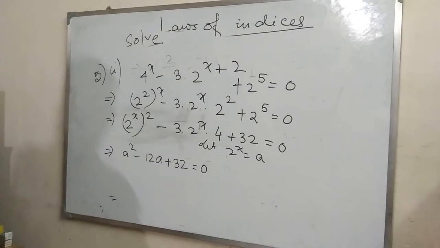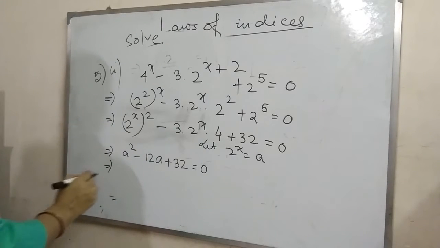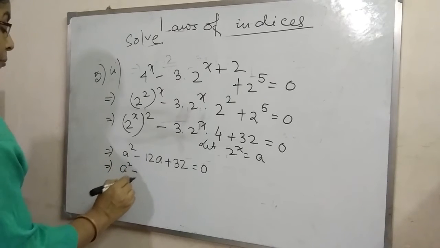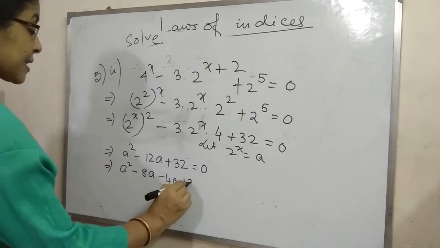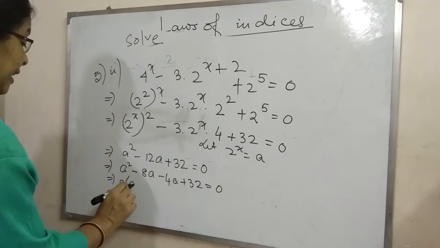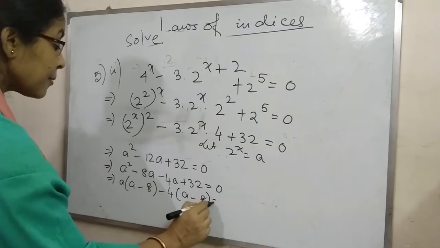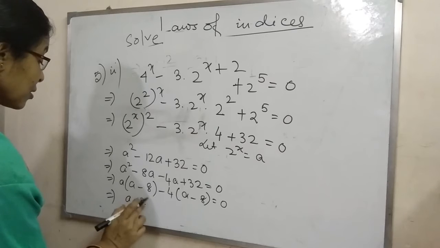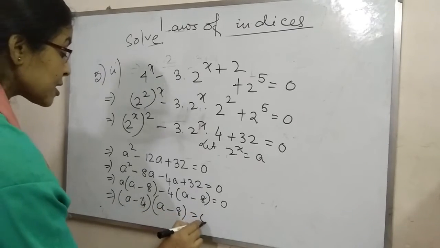This is a quadratic equation, and by middle term factorization I can solve it. a square minus 8a minus 4a plus 32, this is equal to 0. (a minus 8) minus 4 into (a minus 8). So I can write a minus 4 and a minus 8 equal to 0.